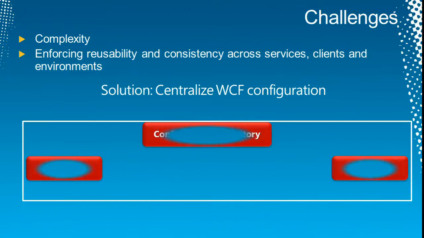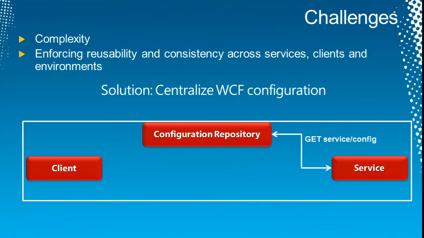So there is a pattern that I like a lot, which is keeping that configuration in a centralized repository. Call it a database, call it something else. And then on the service side, enable a mechanism. Most likely I like the approach of surfacing that configuration as a RESTful service, and enable a mechanism called a WCF service host, that when it wakes up, it will download that configuration and reconfigure the service.